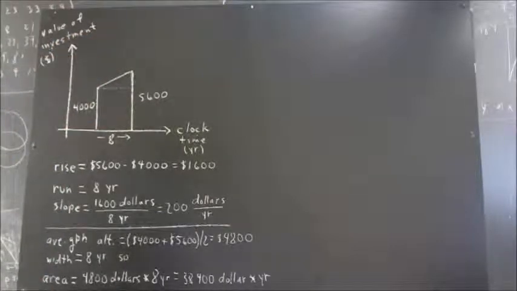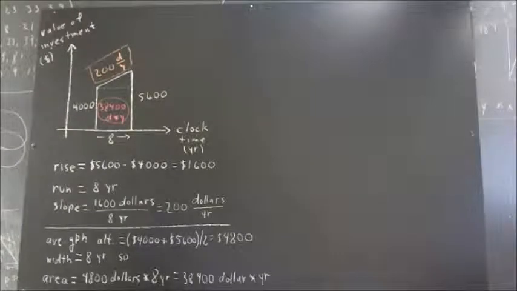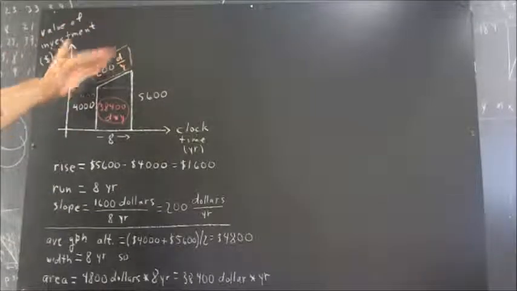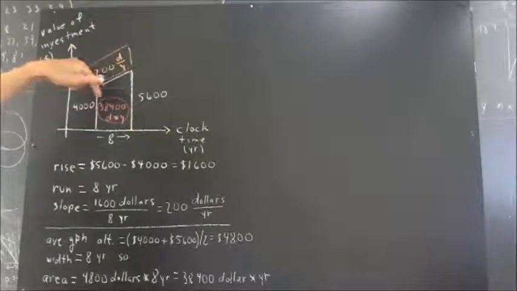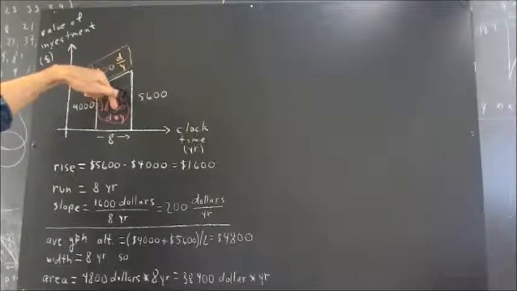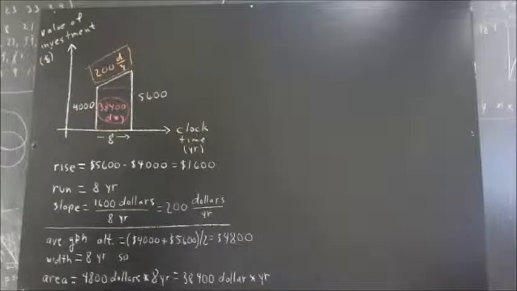I'm going to go ahead and do the labeling, then we'll talk quickly about the interpretation. Okay, so now we've labeled the $200 per year slope and the $38,400 dollar-years area. Now, one quick caution. People will see dollars here and years here and automatically want to say dollars per year.